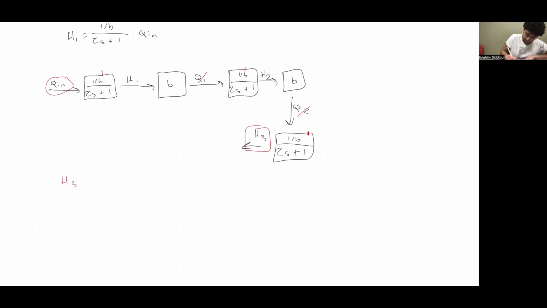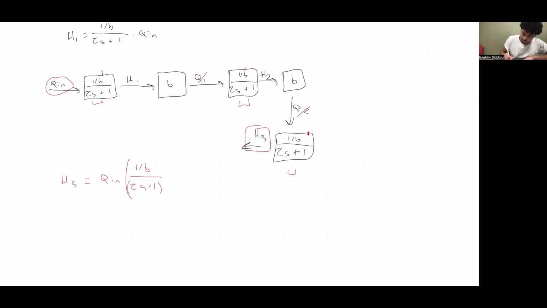So H3 is going to be equal to Qn times 1 over B over tau S plus 1. However, because we're looking at 3 blocks here, we're going to want to put this to the power of 3.